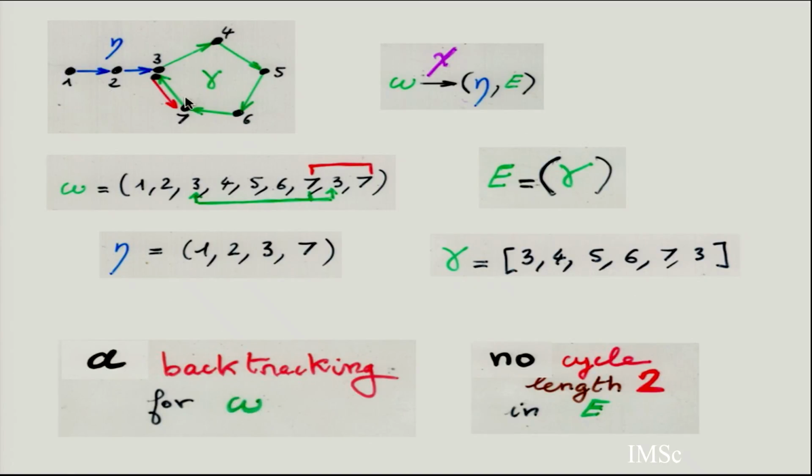The backtracking is here. See the red part? I am in 7, I go to 3, I go back to 7. But there is no cycle of length 2. It's because when I do this backtracking, the cycle of length 2 is split in two parts. One part is going in the cycle gamma, and the other part belongs to the self-avoiding walk eta.